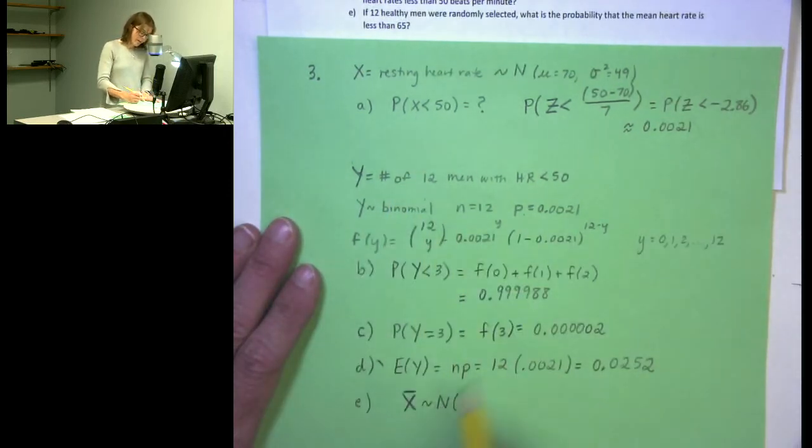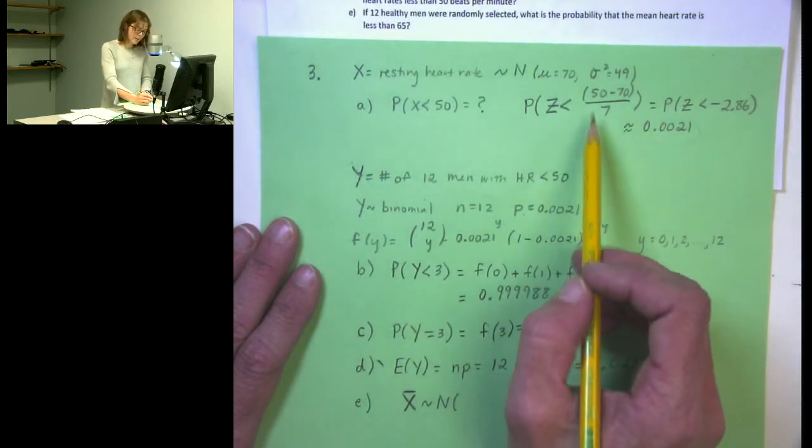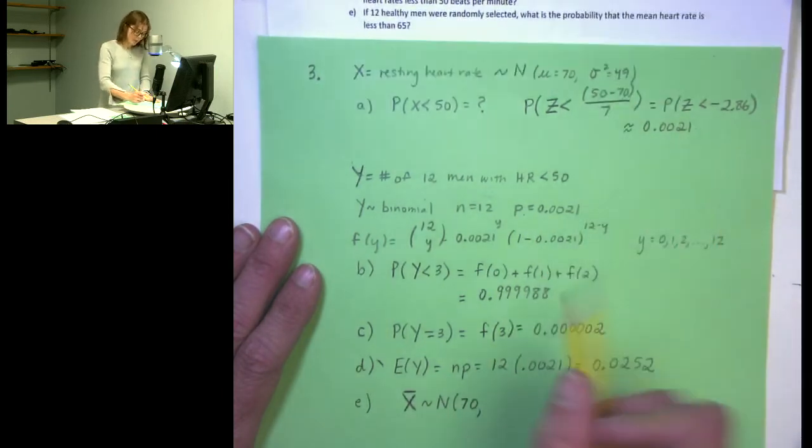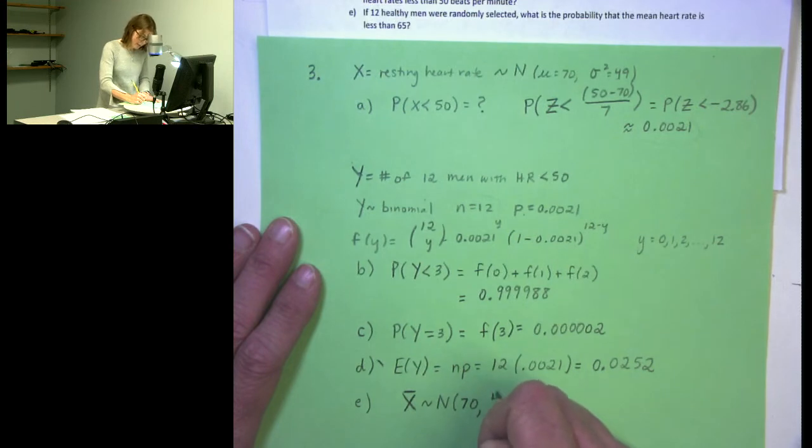Okay. So I know that the distribution in the population has a mean of 70, so the mean of my sample mean will also be 70. And my variance in the population is 49, which means my variance of my sampling distribution is 49 divided by my sample size of 12.